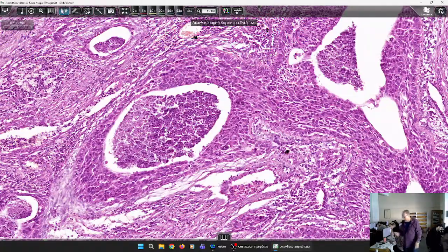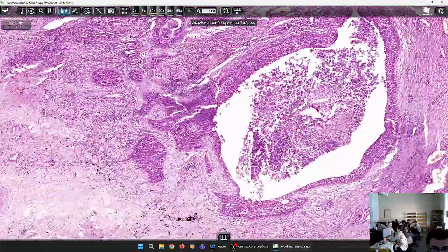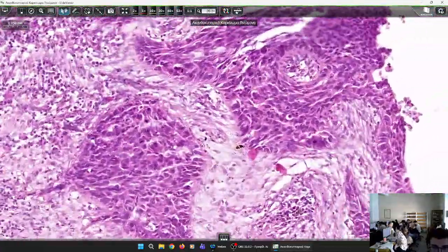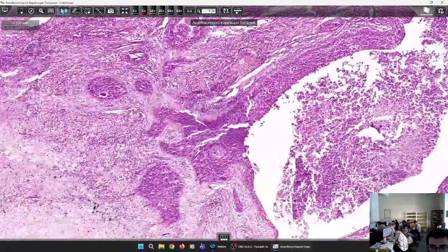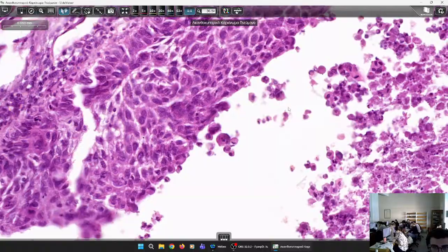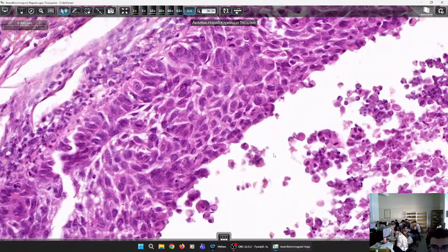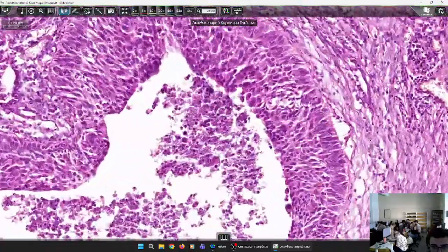And from a microscopic point of view, these have to be discriminated, because when we have necrosis, we see a formation that has some sort of a lumen. However, this is not a true lumen. It is due to necrosis. And how can you tell? Because if you see a lumen, you might be confused and think that this is an adenocarcinoma, which is not the case here.